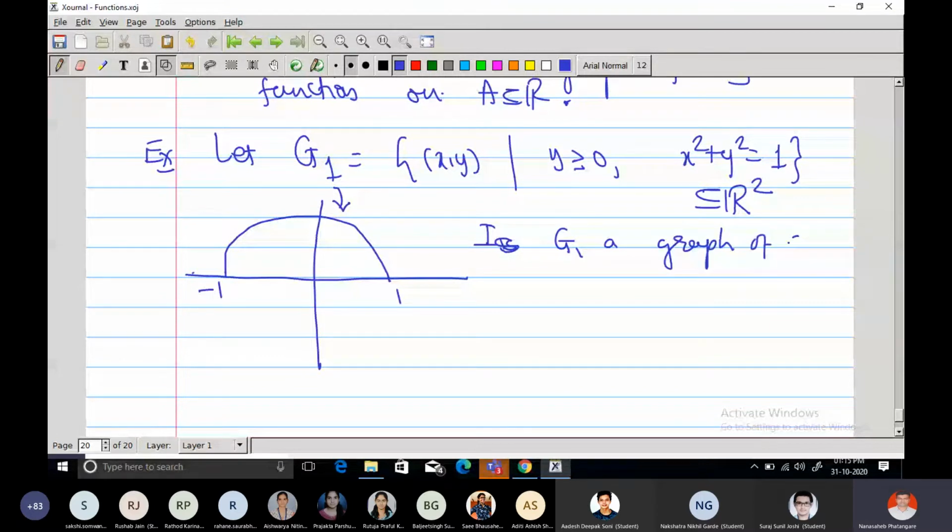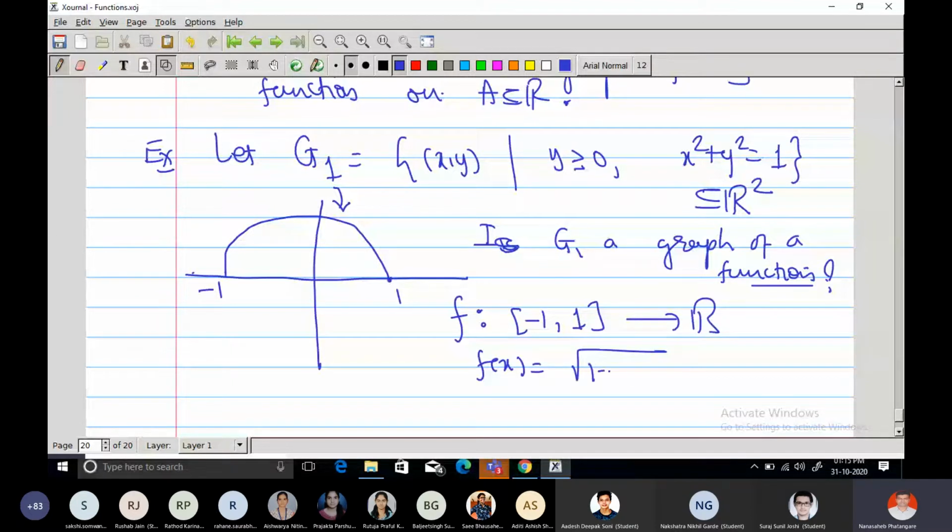Yes, sir. Right. So it is a graph of some function. And what is that function? f(x) is equal to the square root of 1 minus x squared. You check this.